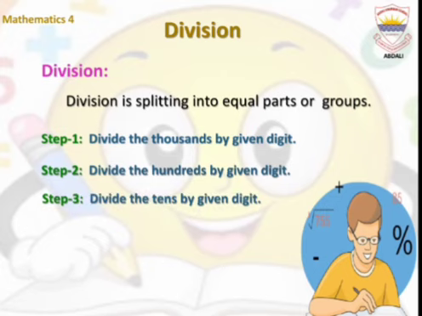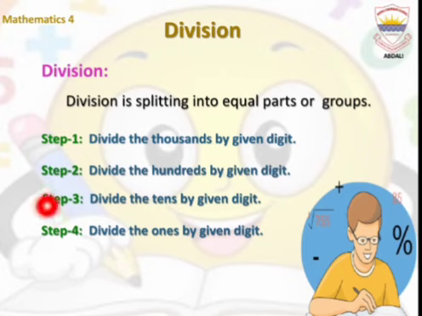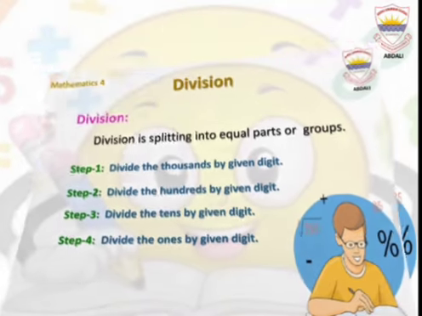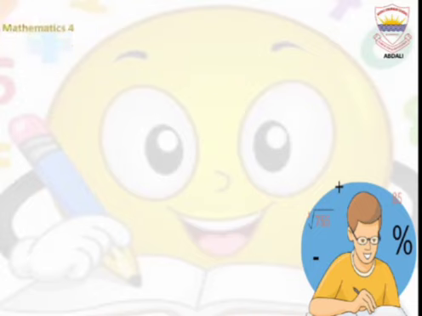Our step 3 is divide the tens by the given digit. And our last and fourth step is divide the ones by the given digit. Student, by following these 4 steps, we have to solve our examples.